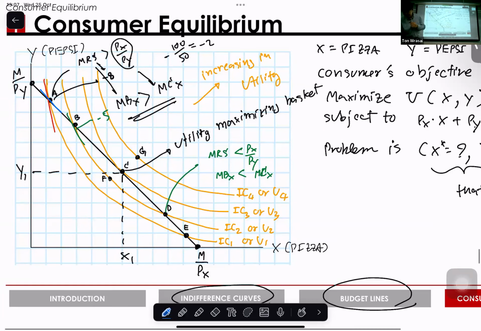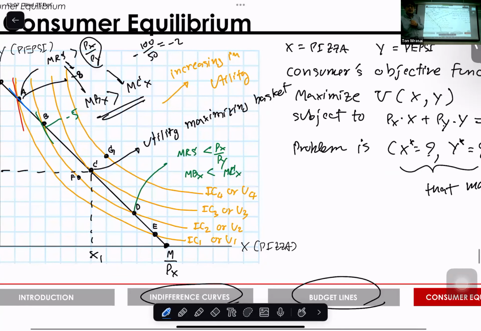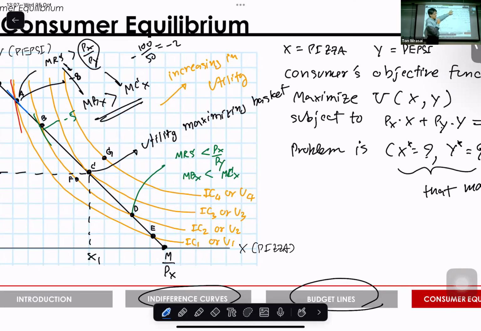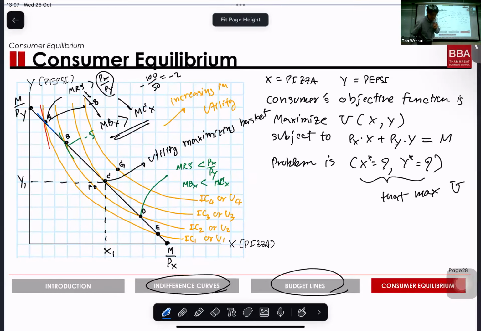First, we have two goods, pizza and Pepsi, X and Y. Recall that this consumer wants to maximize his utility from pizza and Pepsi consumption, subject to a budget constraint. So the question is, which basket gives the maximum utility?